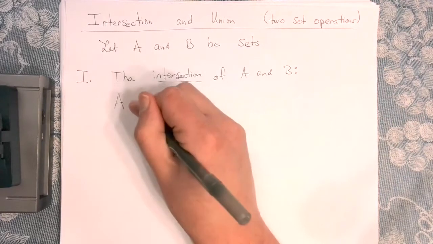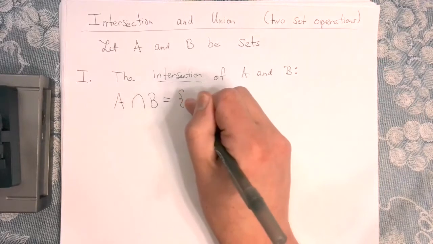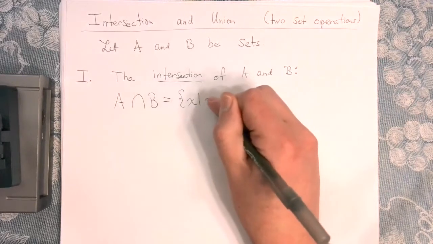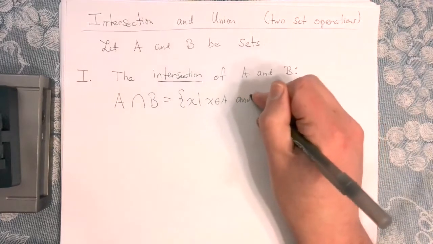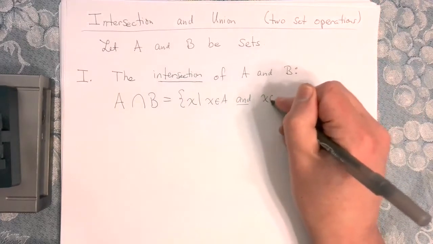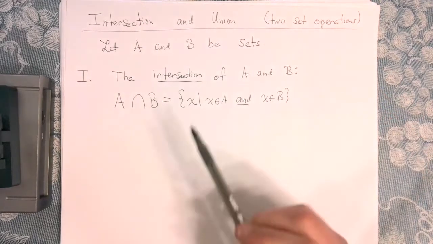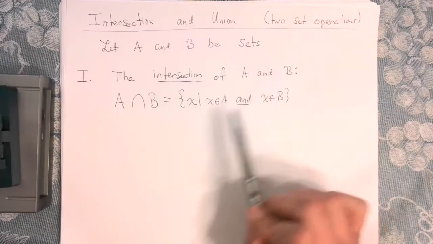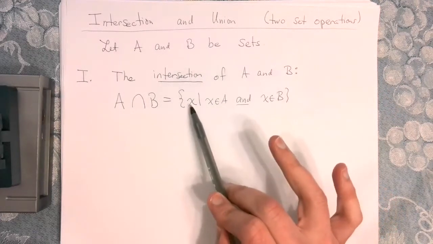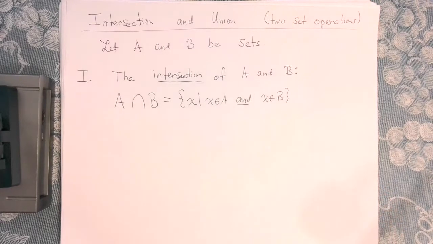The intersection of A and B is equal to the set of all elements X such that X is in A and X is in B. So this is the set of all elements X such that X is in A and X is in B. So what does that mean? This is the set of all elements that are common to both A and B.